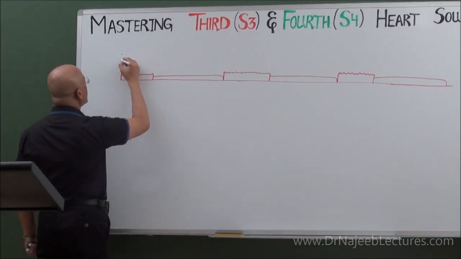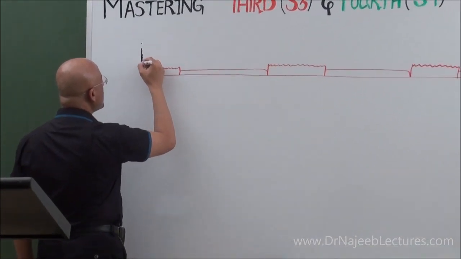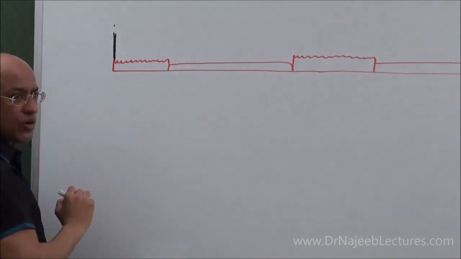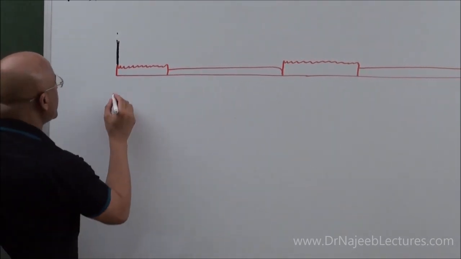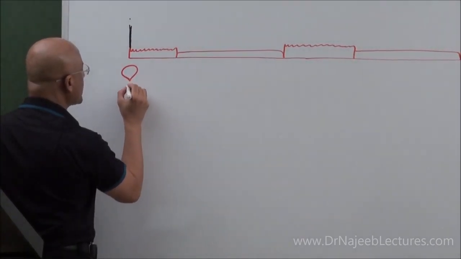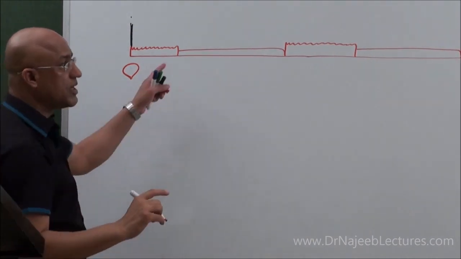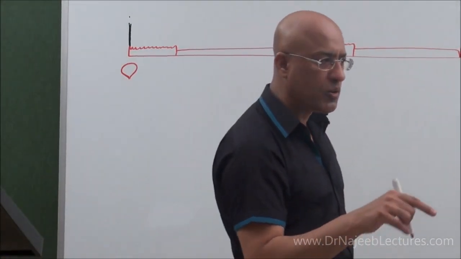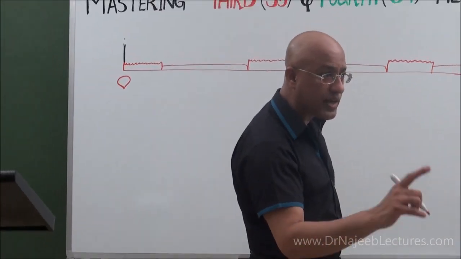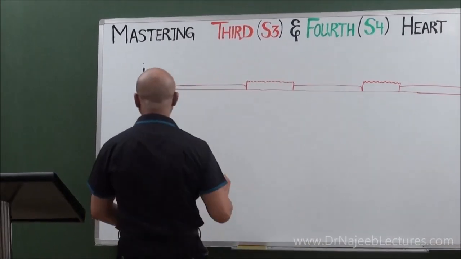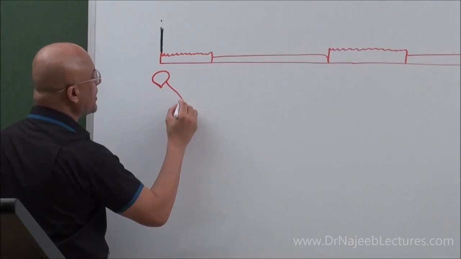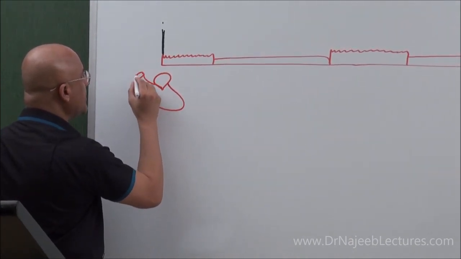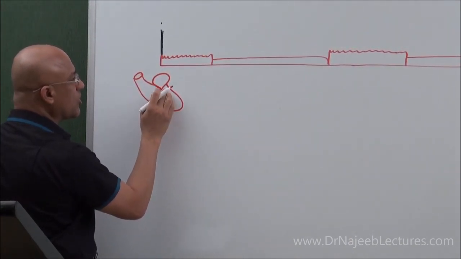The first heart sound appears at the beginning of systole. Why is it there? Because when the ventricles contract, and here I am talking about ventricular systole and ventricular diastole, there is onset of ventricular contraction.